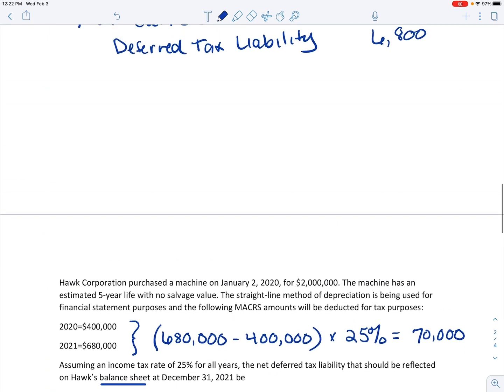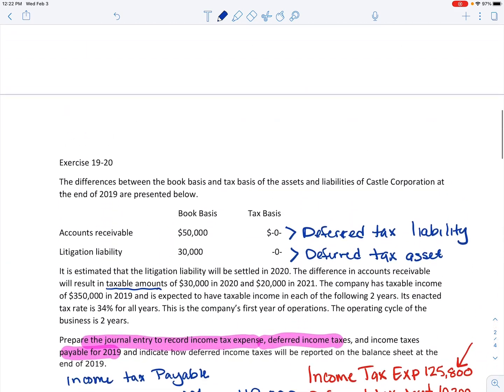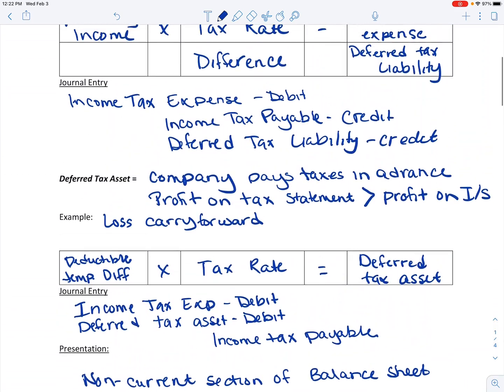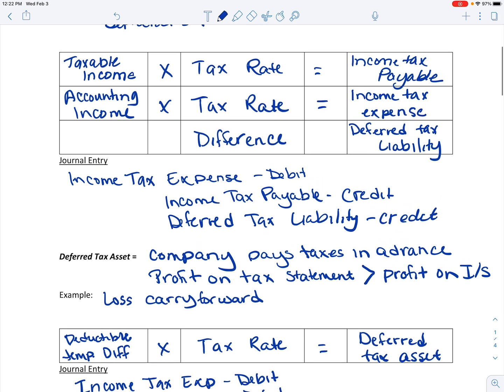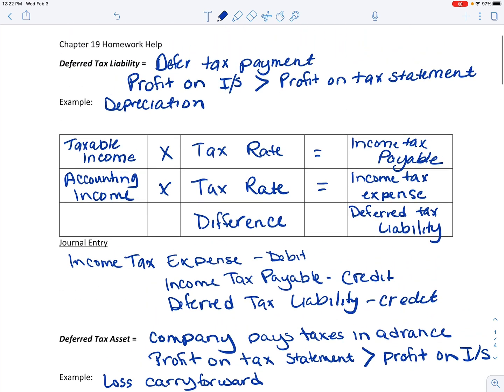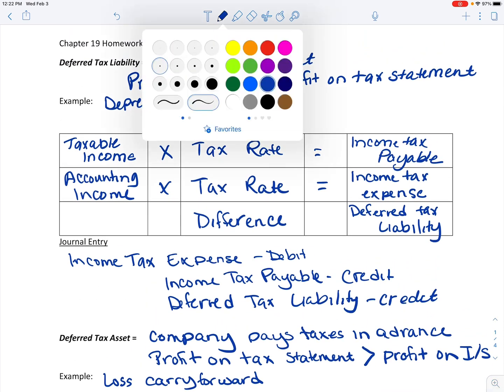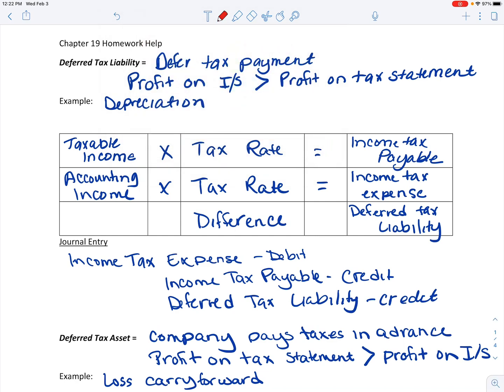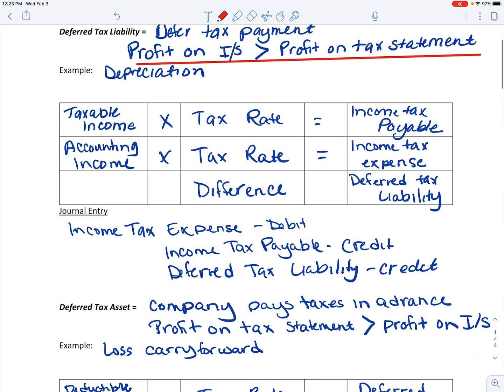Well, first of all, let's go back up and review. These are the things we want to review. If the profit on my income statement is greater than the profit on my tax statement, then we have a deferred tax liability.